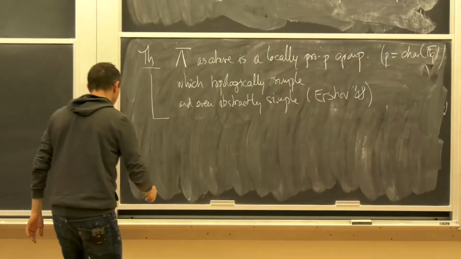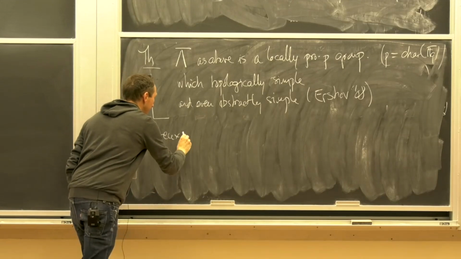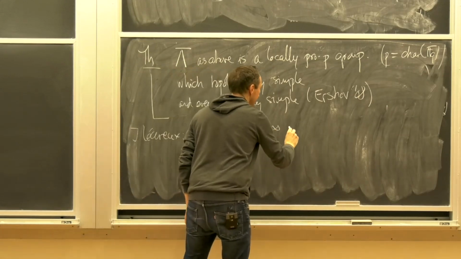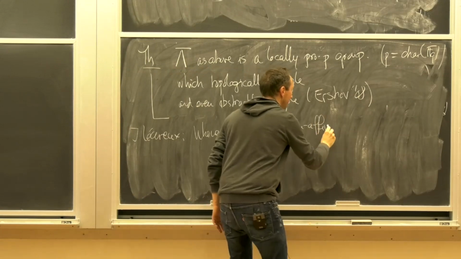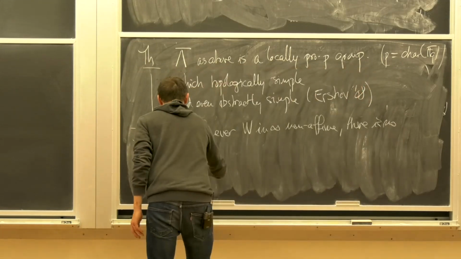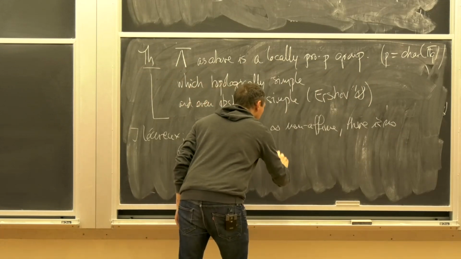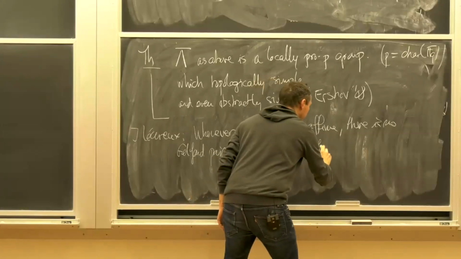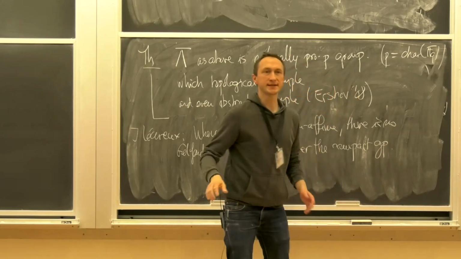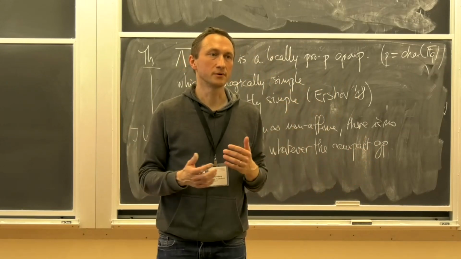And what Jean Lécureux proved 10 years ago is that whenever W is infinite non-affine, there is no Gelfand pair in lambda bar, whatever the compact group. So there is no way to prove Satake's results, which existed since 63 for the affine case.